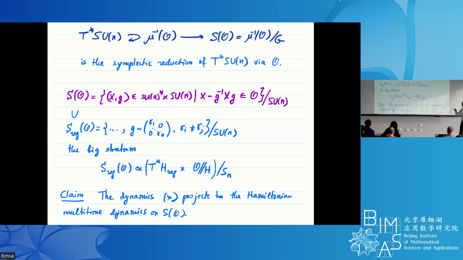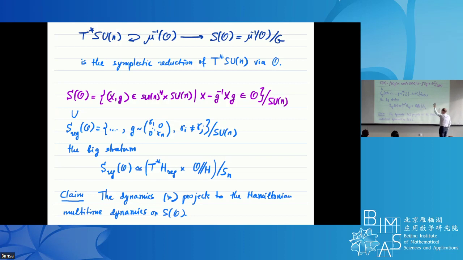Yes, so the claim is that the dynamics that I described before projects to the Hamiltonian multi-time dynamics on this reduced space. But remember that in this multi-time Hamiltonian dynamics, we had n-1 times. So n-1 independent Hamiltonians generate these dynamics.